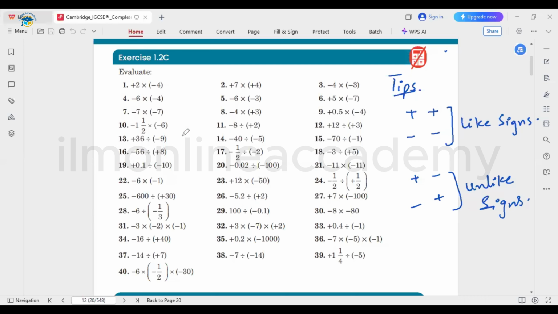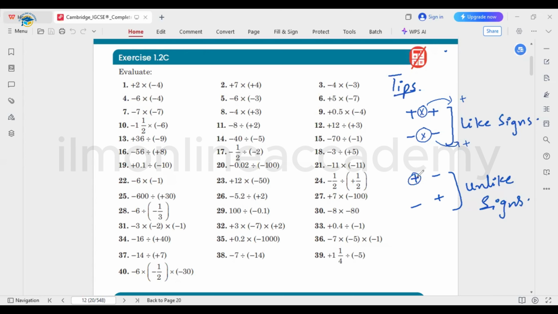For multiplication, if we multiply positive numbers together, they are going to have the positive sign. And if we have negative signs together, negative after multiplication would be a positive number. Both numbers, if we have like signs, after multiplication would become a positive number.